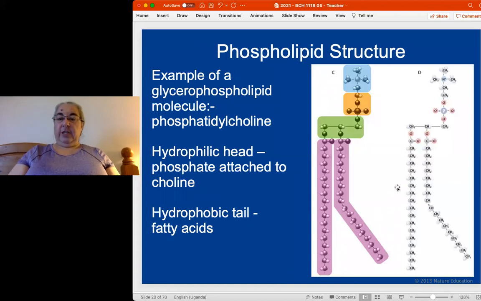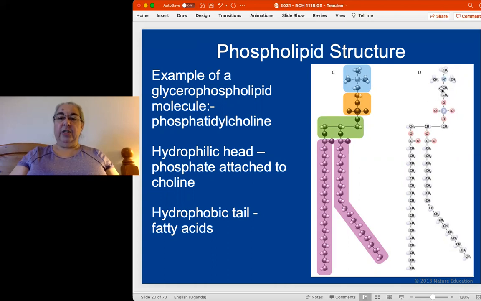Okay, this is just the same thing drawn out, showing you the actual chemical groups that are involved in the molecule. Again, you'll learn more about that in a few weeks' time. So this particular molecule that's illustrated is called phosphatidylcholine, and it has a phosphate group here and a choline group.